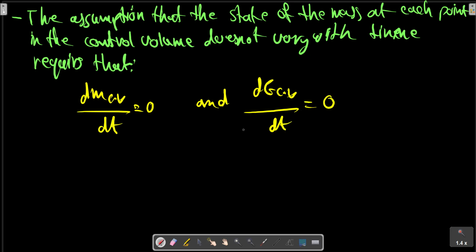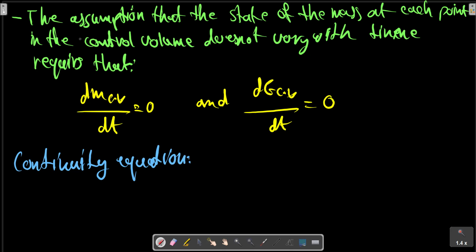Therefore, we conclude that for the steady-state process, we can write the continuity equation as this relation, and the first law.